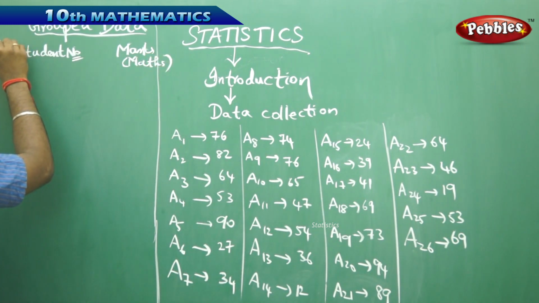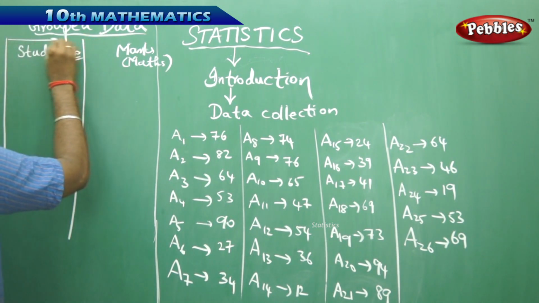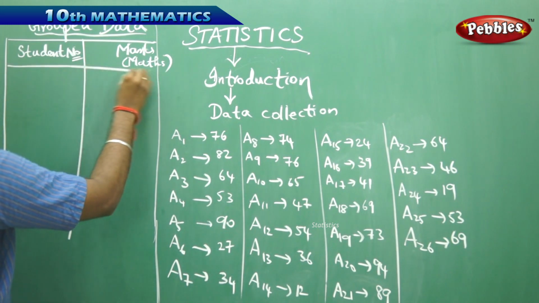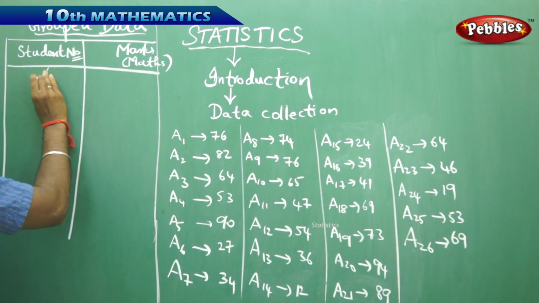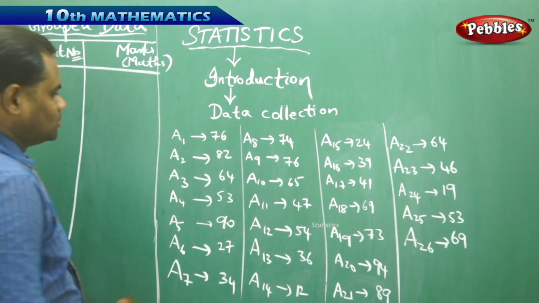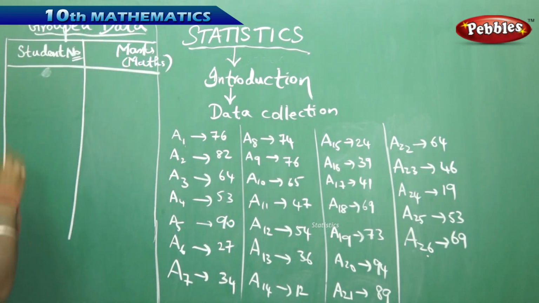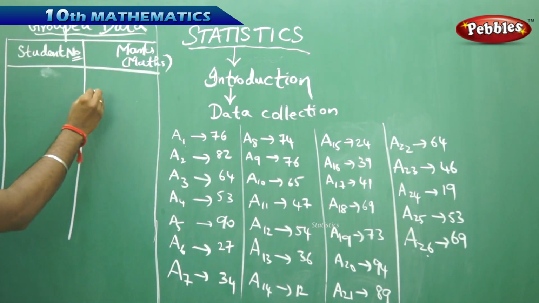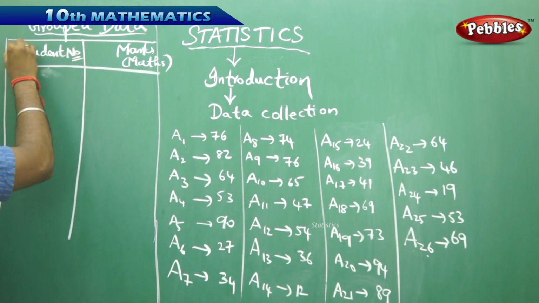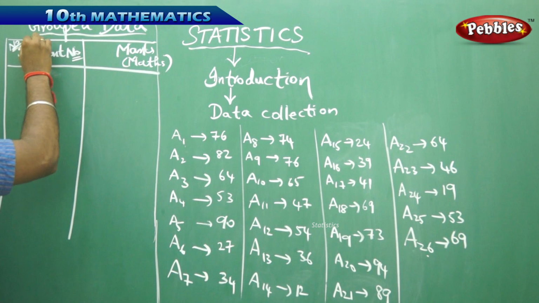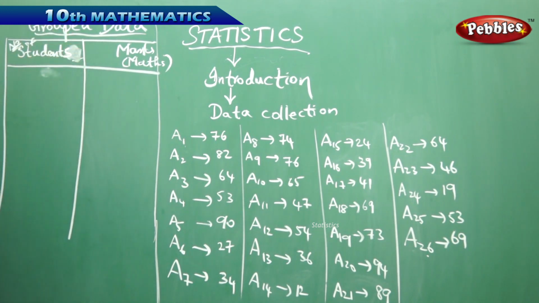So student number comes in the first column, and the marks obtained by the student come in the second column. Now we have the students ranging from A1 to A26, where initially I would start with the students who got the marks, or number of students. I can call this number of students.